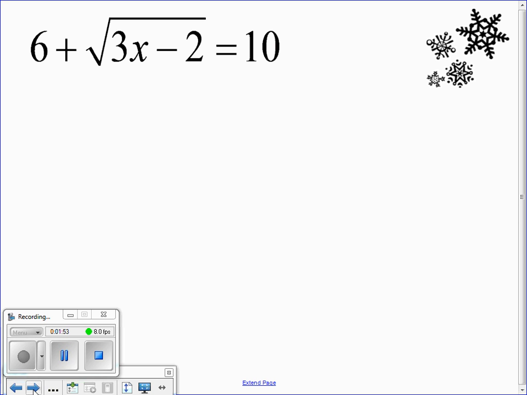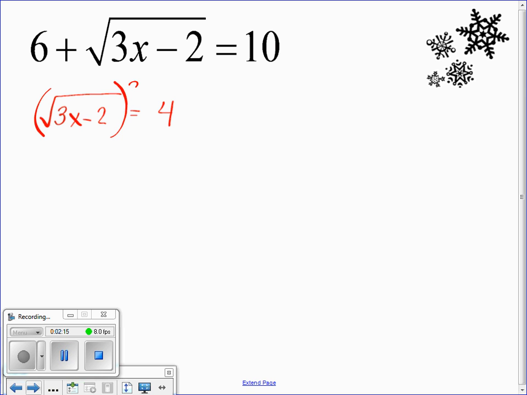So what do you do? You subtract 6. So we're going to have radical 3x minus 2 equals 4. So get the radical by itself. And then what we really need to do is get rid of the radical, so I need to square both sides.